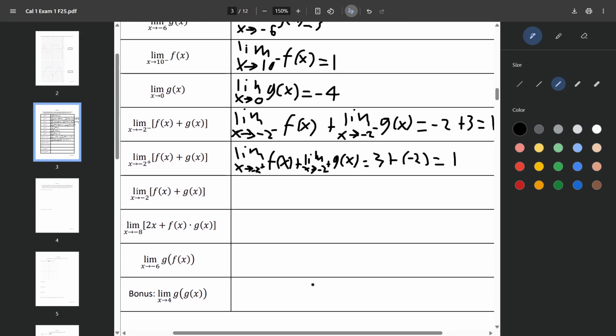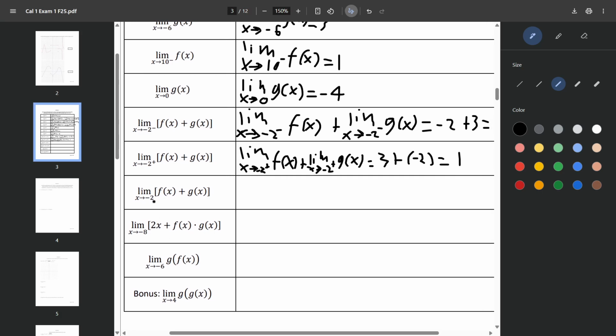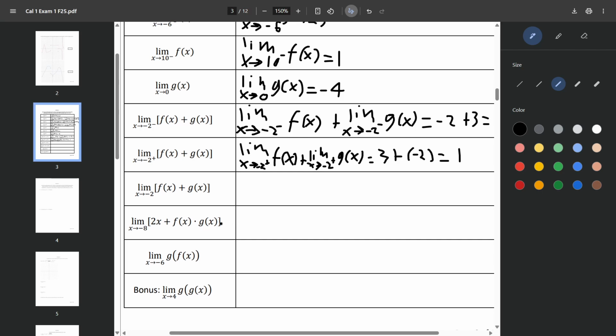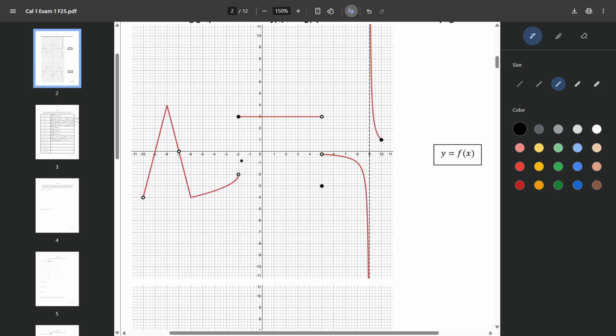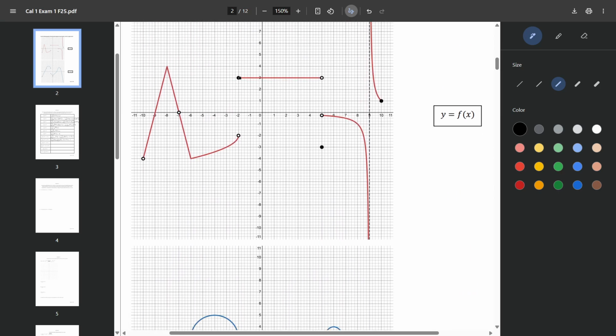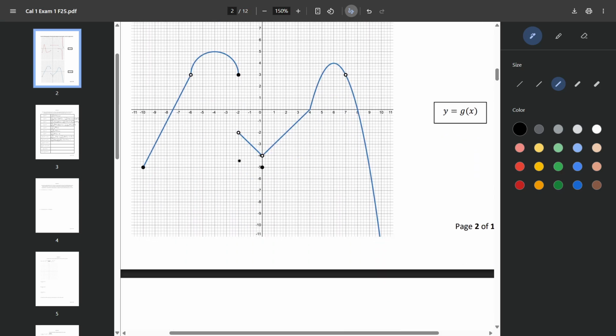Alright, our next question will be a bit of a trick question. Our question will be the limit of x approaching -2 of f of x plus g of x. Now, this will be a bit difficult because, as you can see, our graphs from both sides of f of x and g of x are not equal to each other.